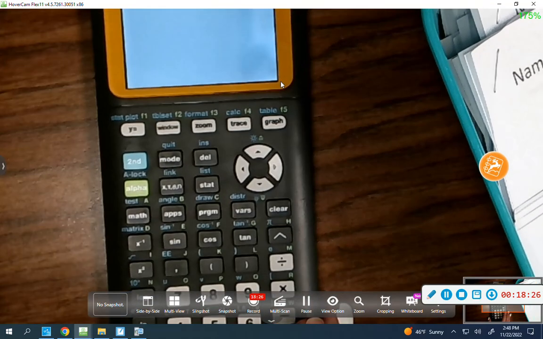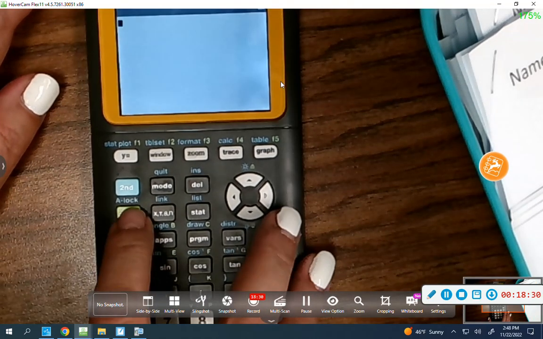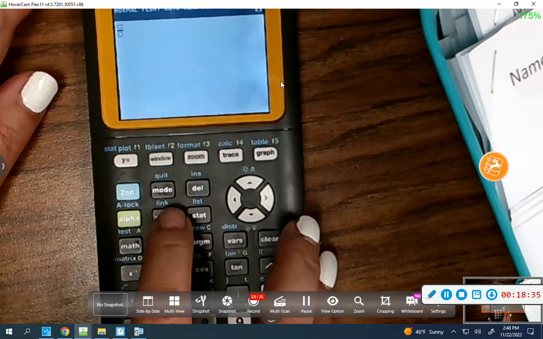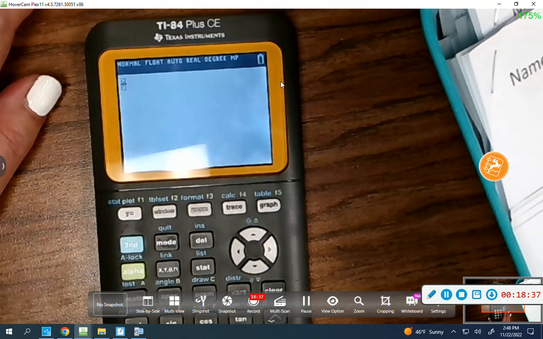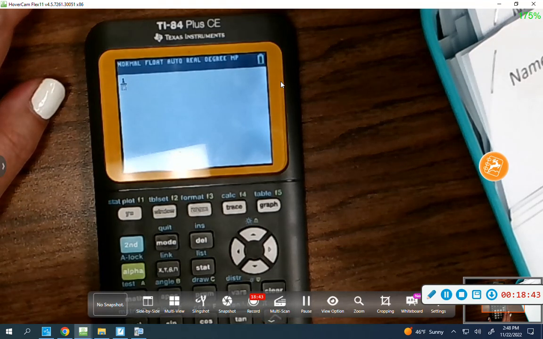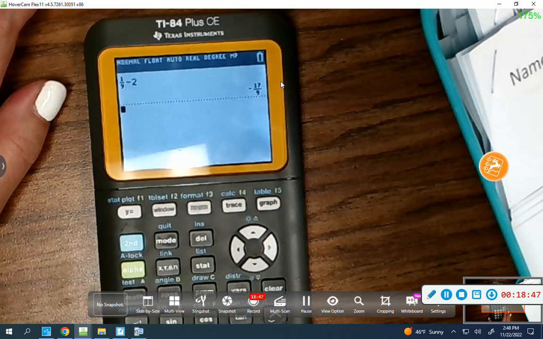So if I want to do that 1/9 minus 2, if you hit this alpha key and then the key directly to the right of it, it automatically pulls up the fraction bar for you. You don't have to go through any menu. On the newer calculators, not every model will do it. So I can just do my 1/9 minus 2. So I'm going to put for my answer negative 17/9 pi.